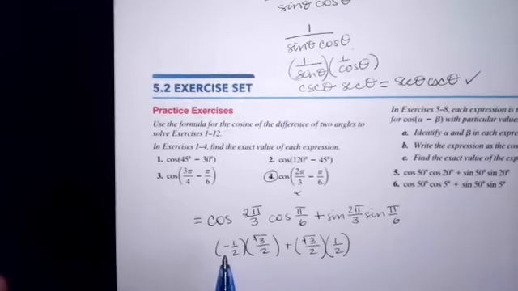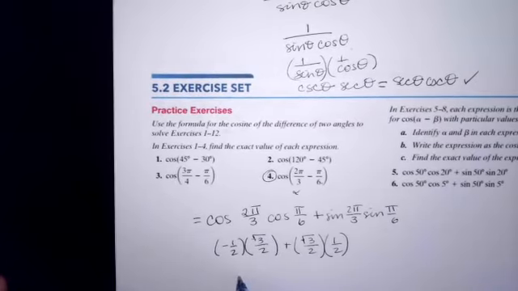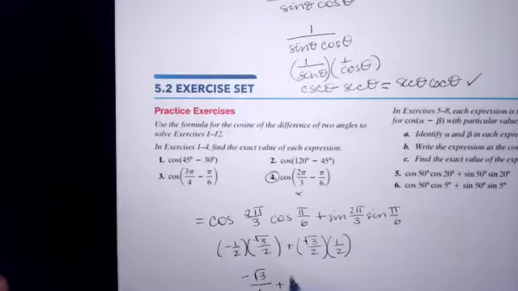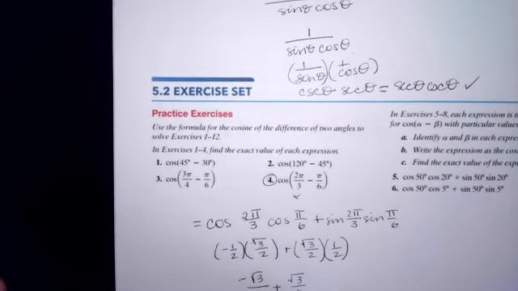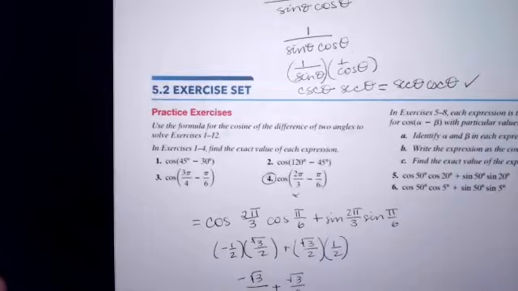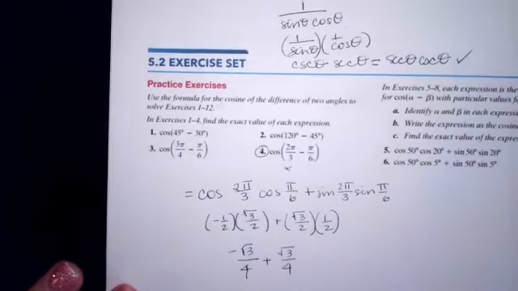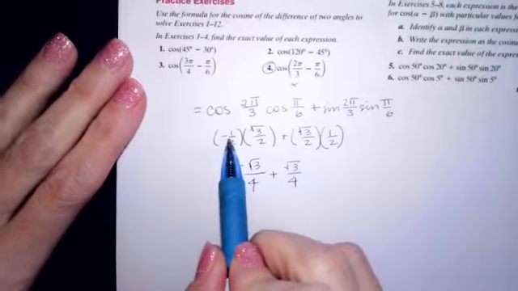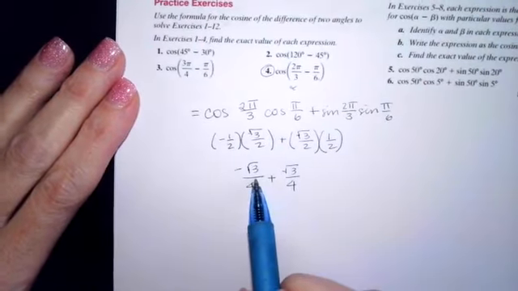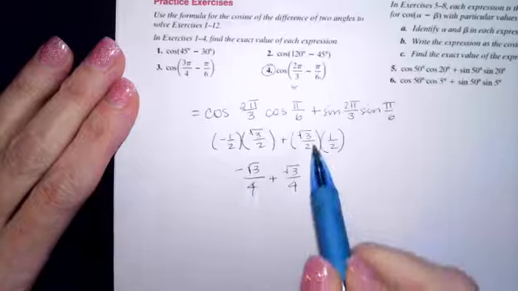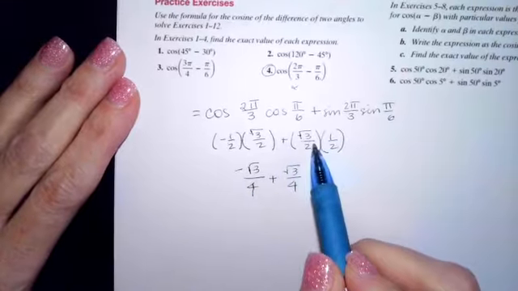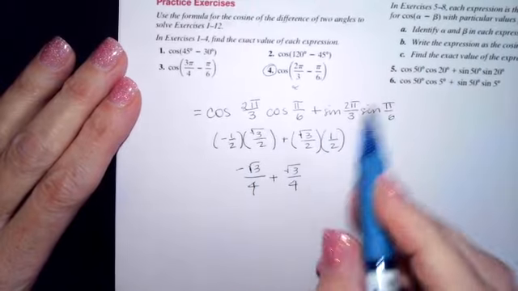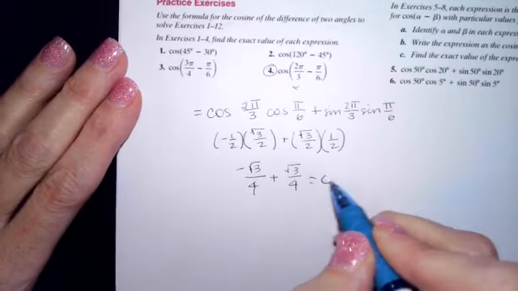So now we've got negative 1 times root 3, negative root 3 over 4, plus root 3 over 4. Sorry, I couldn't see that last part. So negative 1 times root 3 is negative root 3, 2 times 2 is 4, root 3 times 1 is root 3, and 2 times 2 is 4. So now negative root 3 plus root 3 is going to equal 0.